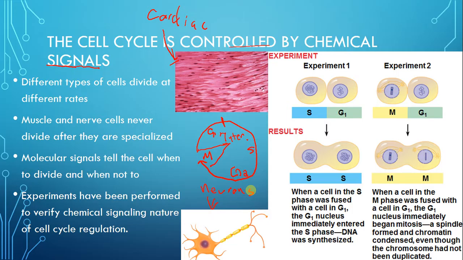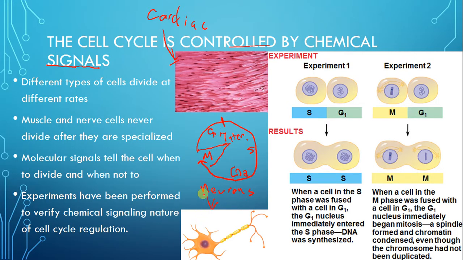So molecular signals tell the cell when to divide and when not to. So for example, if we have a whole bunch of these cells all bunched up and there's really no space for them, it'd be important for those chemical messengers to tell these cells there isn't enough room to divide and make more cells. We need to stop. We just need to stay for a while, you know?